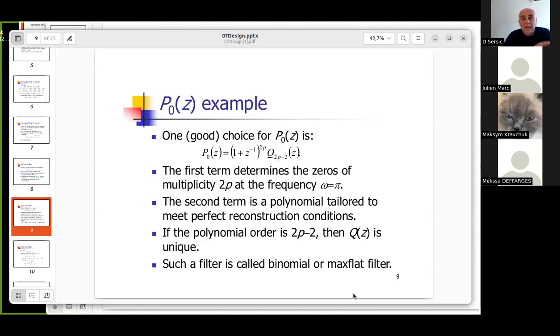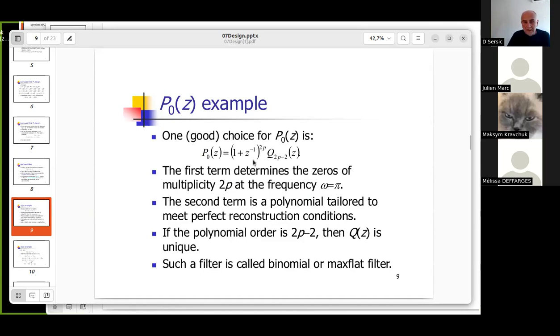One possible and pretty good choice is that we have two terms. The first term is a binomial raised to some even power P. P can be 1, 2, 3, or even 77.